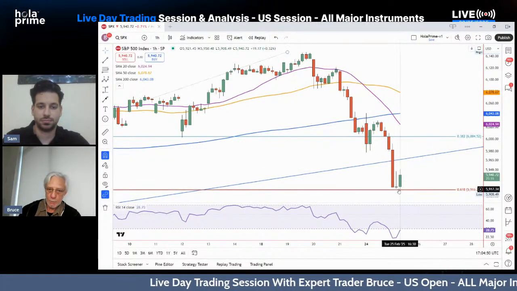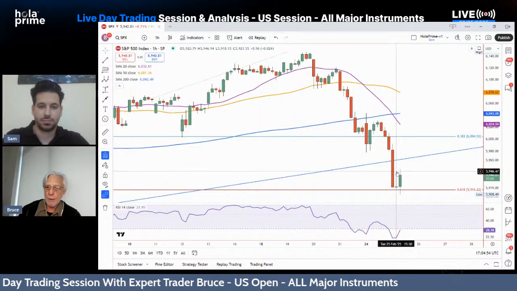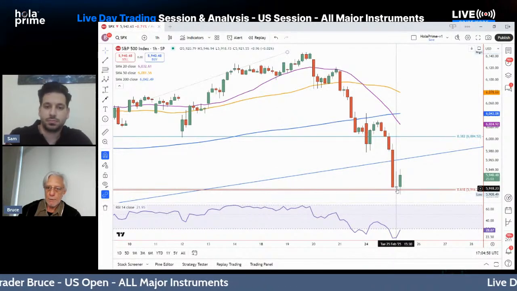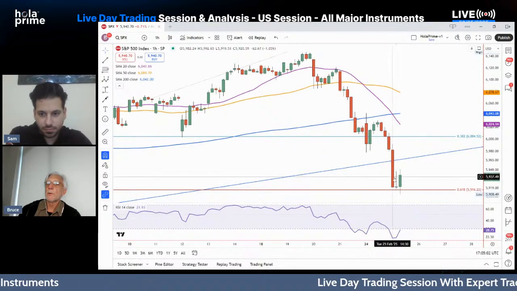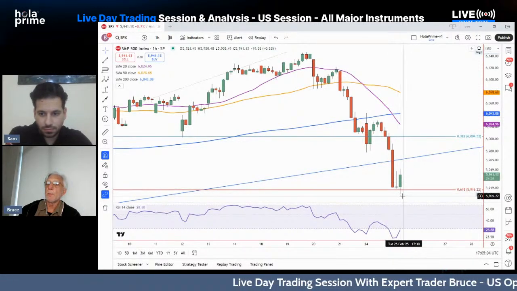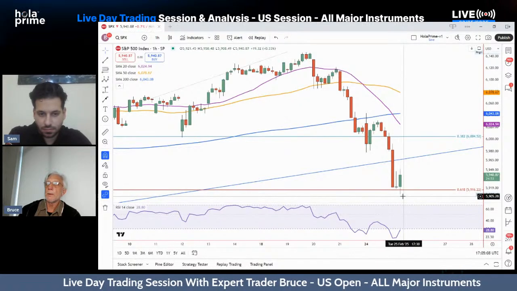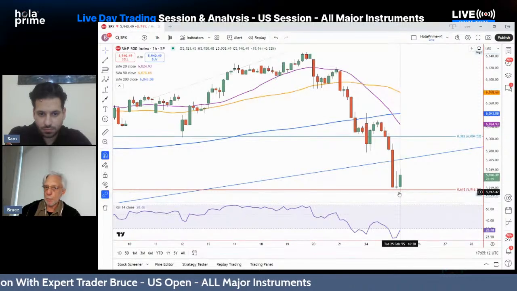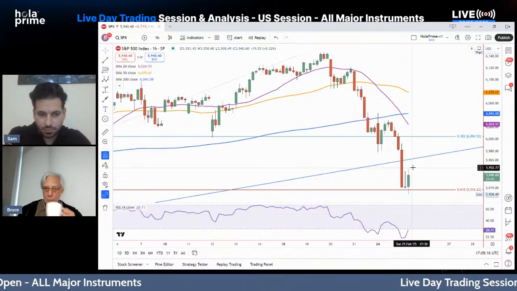Because the buyers were in charge earlier in the session, and they could not retain strength. By the end of the session, the sellers were in charge. This is a bearish candlestick pattern. It triggered on a drop below that low and then immediately failed. So we have a failed breakdown. That's good to know because failed patterns many times lead to sharp moves in the opposite direction.